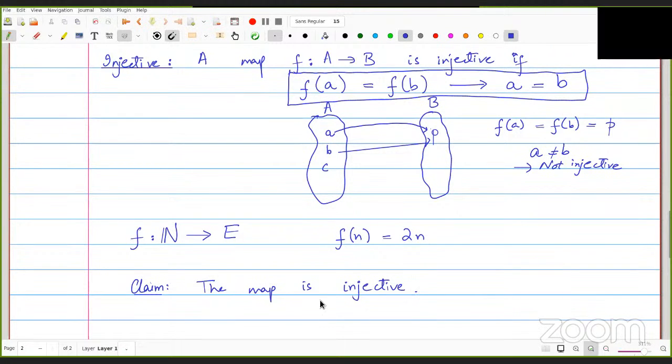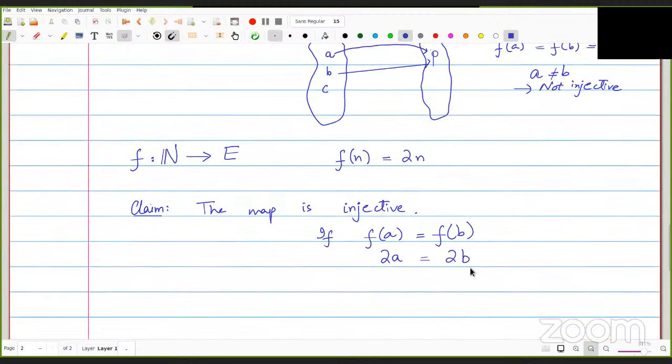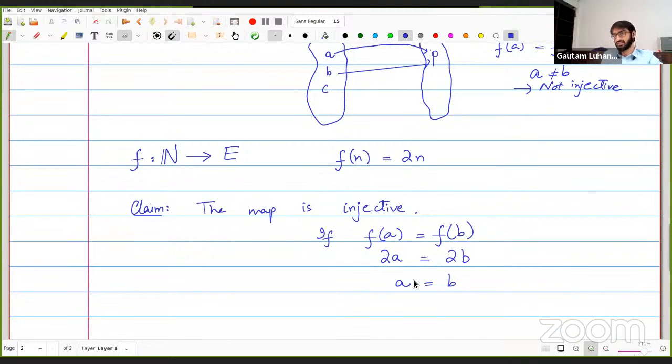If f of a equals f of b, then 2a equals 2b, which means a equals b. Because we can cancel out the 2's, we can divide the whole thing by 2. It's such a simple proof.